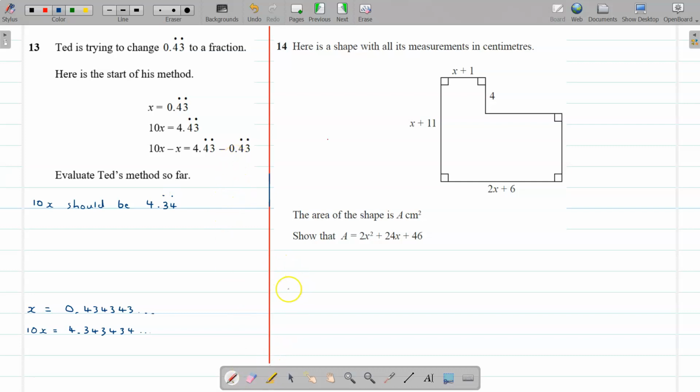Okay, and next question. Here is a shape with all the measurements in centimeters. The area of shape A is A, and show that A is that. Well, what I'm going to do here, there's several ways. You could take two boxes across here, or you could make it into two rectangles that way, or you could indeed continue this across and do a subtraction.